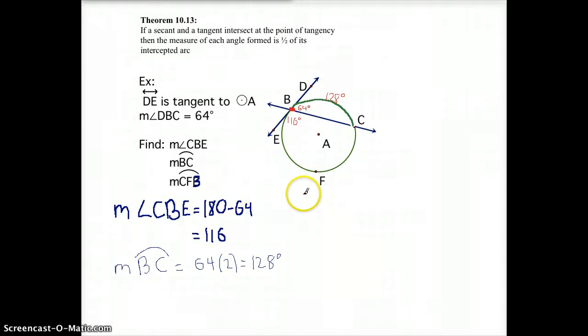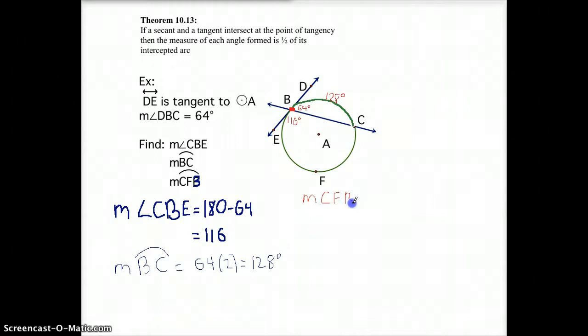So I could possibly say the measure of arc CFB, and again I put my arc on top of it. The measure of that arc should be equal to 116 times 2, which is 232 degrees.